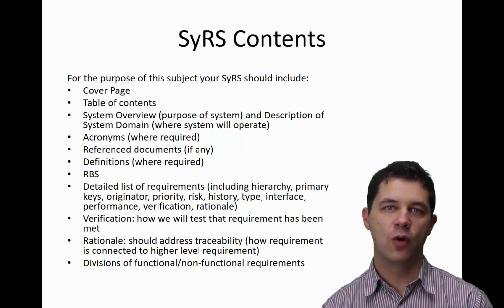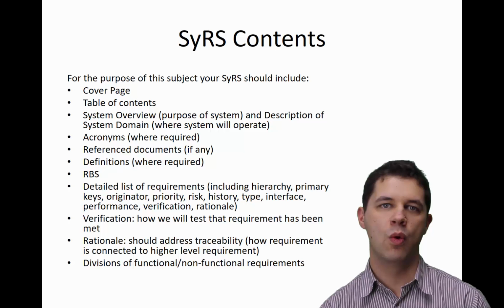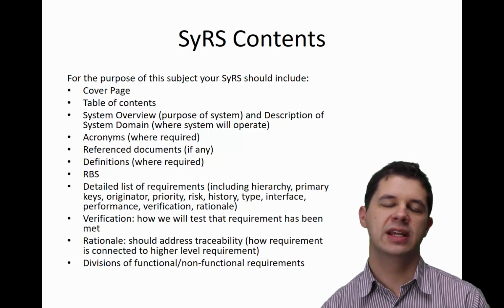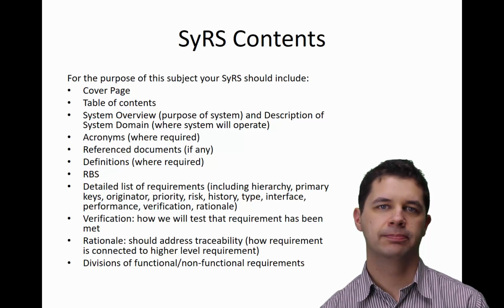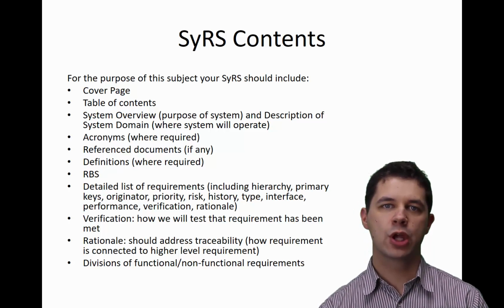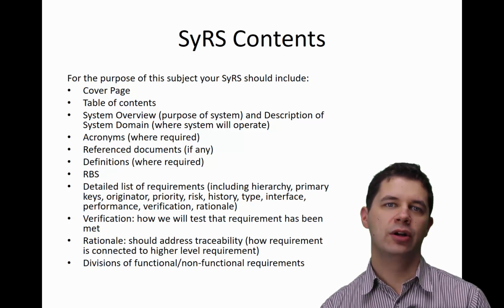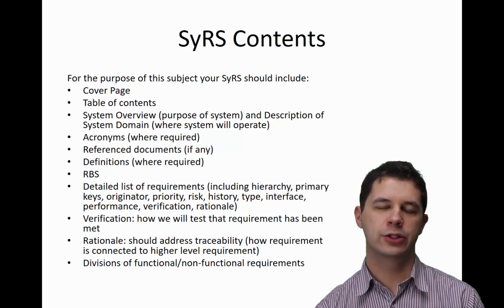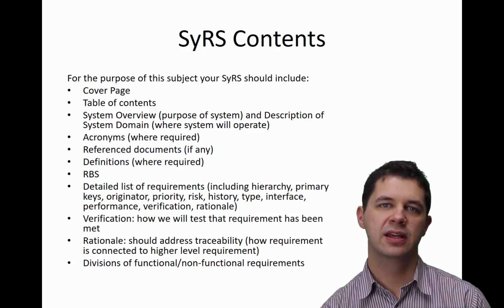Then the data relating to performance, verification and rationale. Why is it there? How are we going to test it? And what performance do we need to hold this requirement standard up to? We probably also have a division there, or at least a listing, defining whether our requirements are functional or non-functional requirements. We looked at that previously.